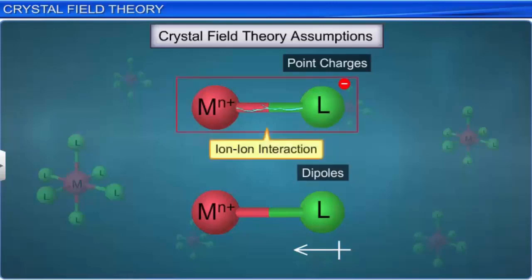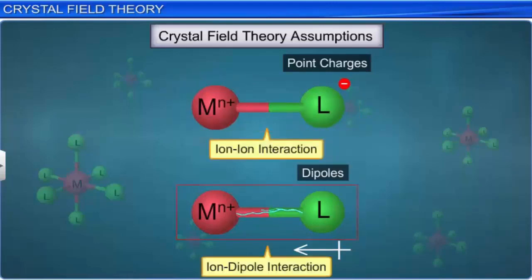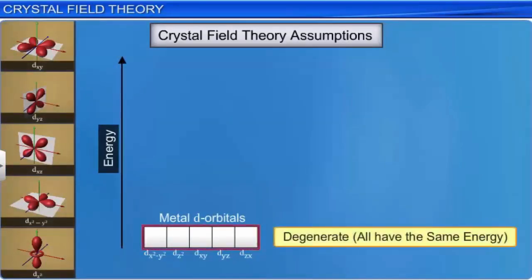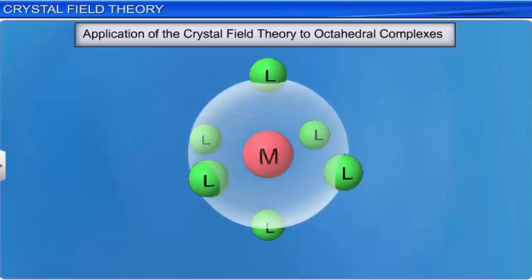Step 1. In an isolated gaseous state, all the 5 d orbitals of the central metal ion are degenerate. The ligands form a spherical field of negative charge around the metal ion.